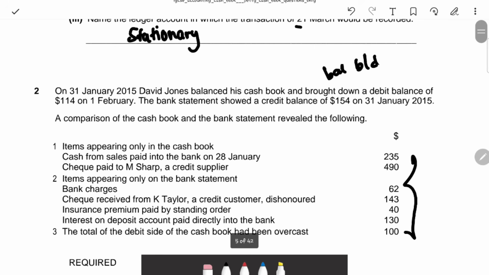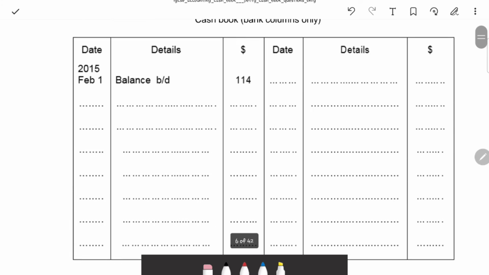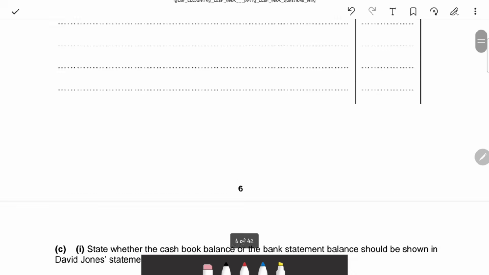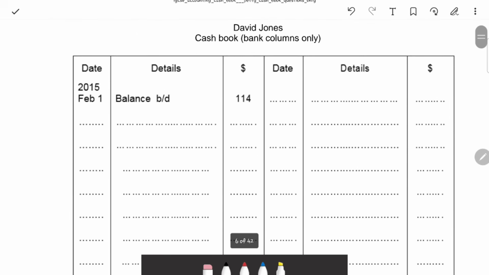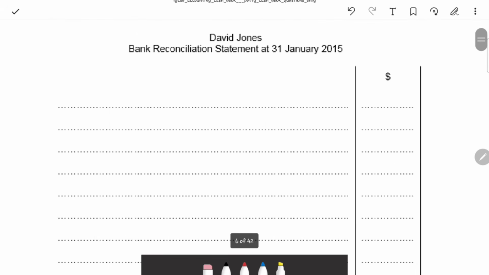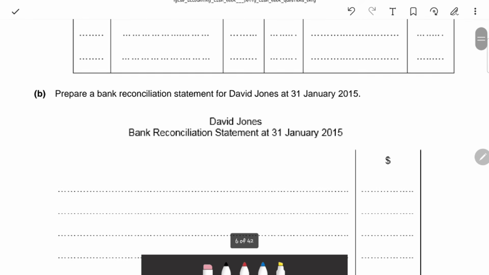And it's telling us the bank statement showed a credit balance of 154 on 31st January 2015. The comparison of the cash book and the bank statement revealed the following. So here we have a cash book and we have a bank statement. I'm only going to be doing the cash book for now, because the bank statement is another topic.